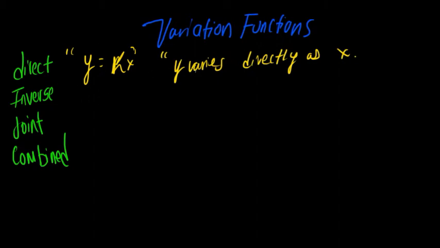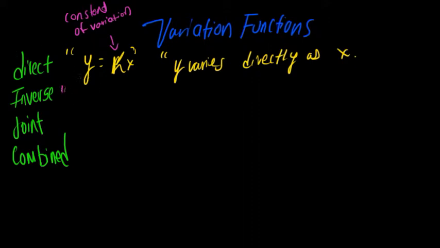Direct variation is a relationship between x and y that can be written in this form: y is equal to the constant of variation, which is k, times your x. So k stands for the constant of variation.